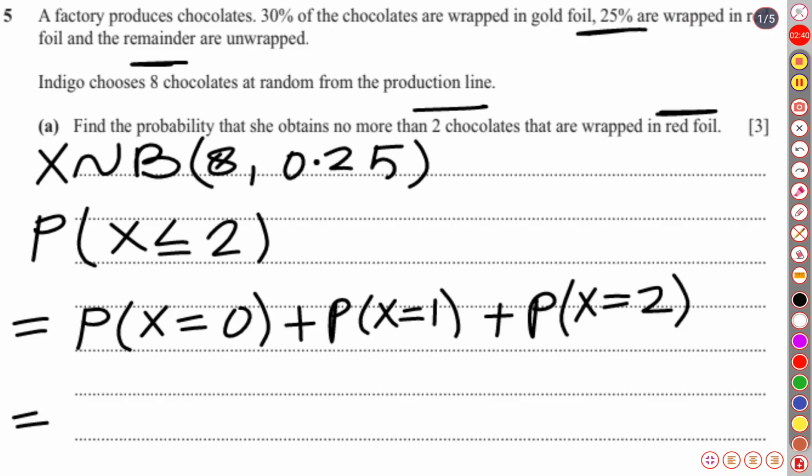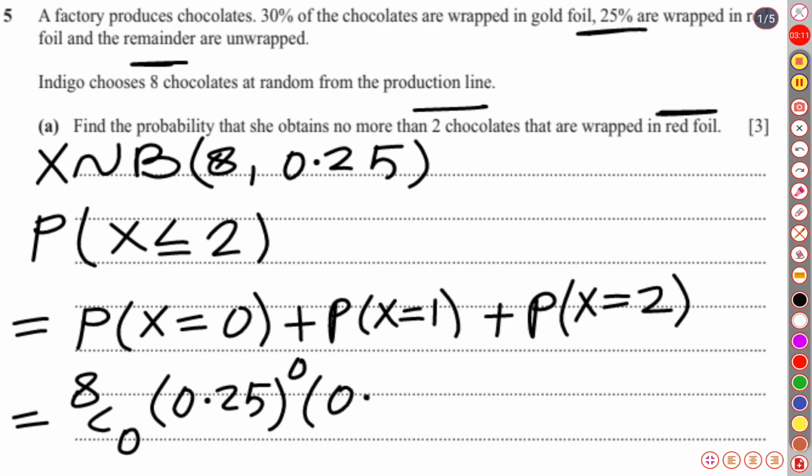So let us find when there are no chocolates wrapped in red foil. From 8, none of the chocolates is red, so the red count is 0. That means the rest of the chocolates are with other wrapping. If 0.25 is p, our q is 0.75. That means the probability of non-red foil is 0.75.